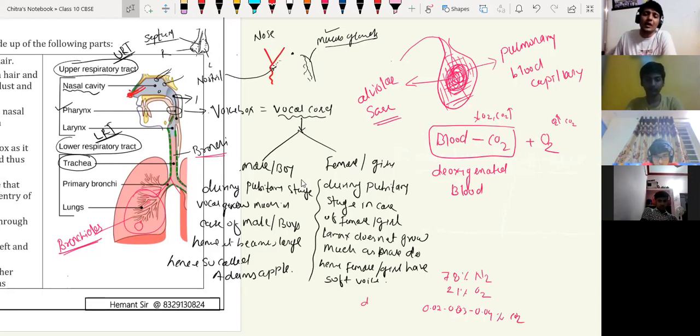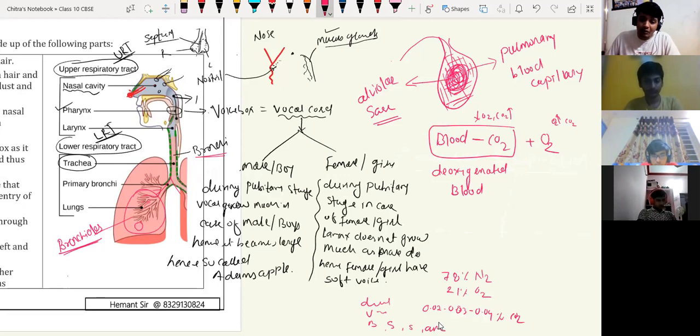Then we have dust particles, viruses, bacteria, sand particles, spores of fungus, and ash particles. These are unburned carbon particles of fuels like coal, petrol, and diesel. If they do not burn completely, the carbon particles present in air are also called soot particles.